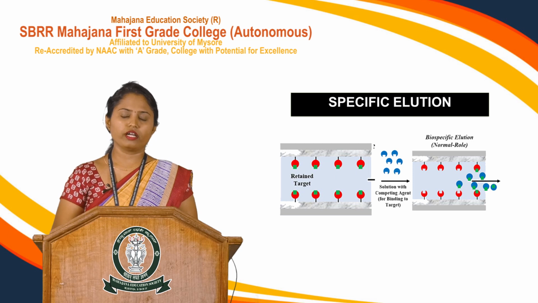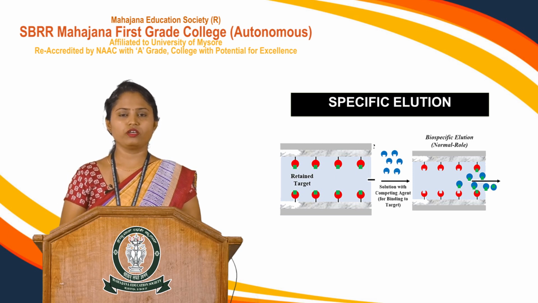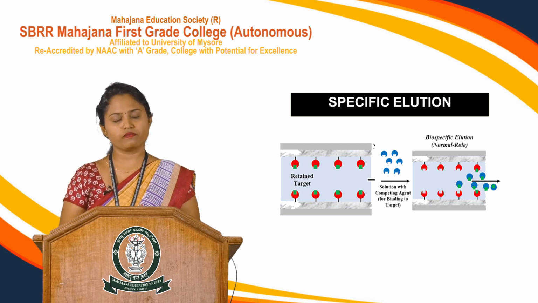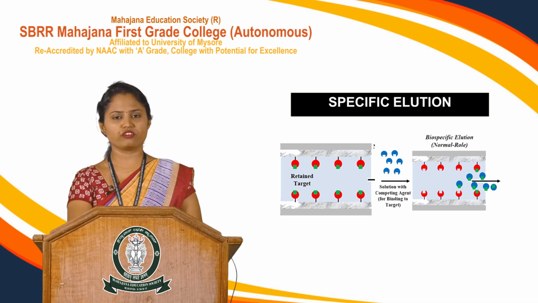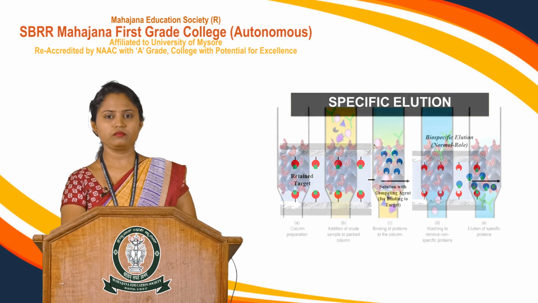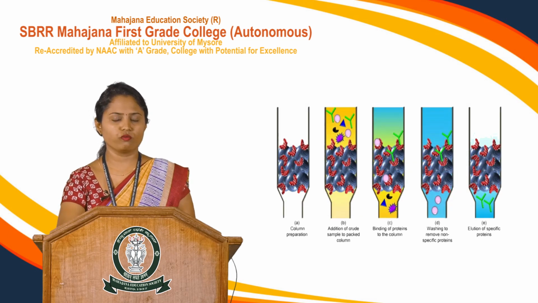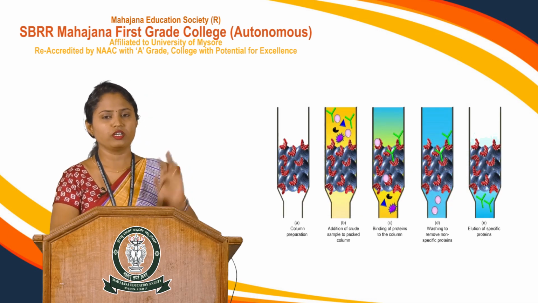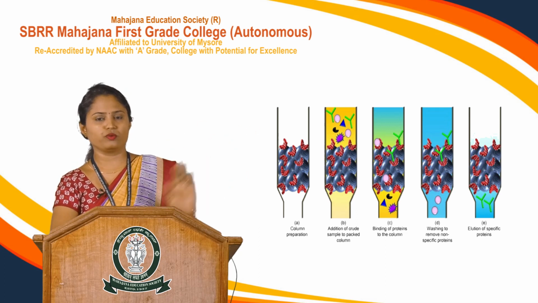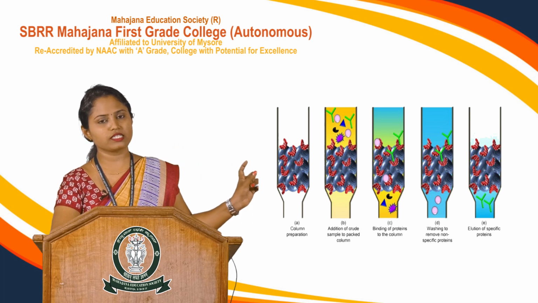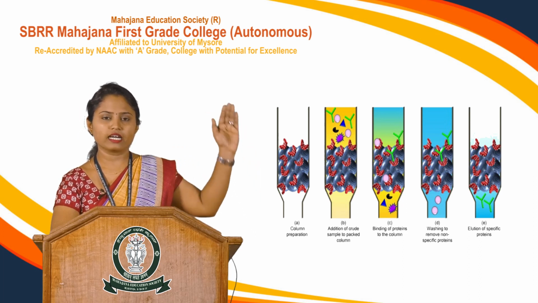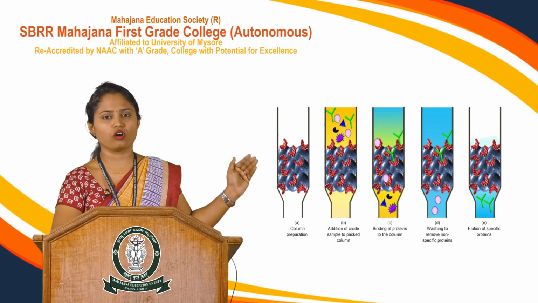Thus, while using affinity chromatography, you can perform either specific elution or non-specific elution, and the molecules of interest can be isolated. Let us summarize now. When you are performing affinity chromatography, you need to follow a sequential process. First, you need to pack the column, which we call the column packing procedure, and the content which is filled is called the column bed.